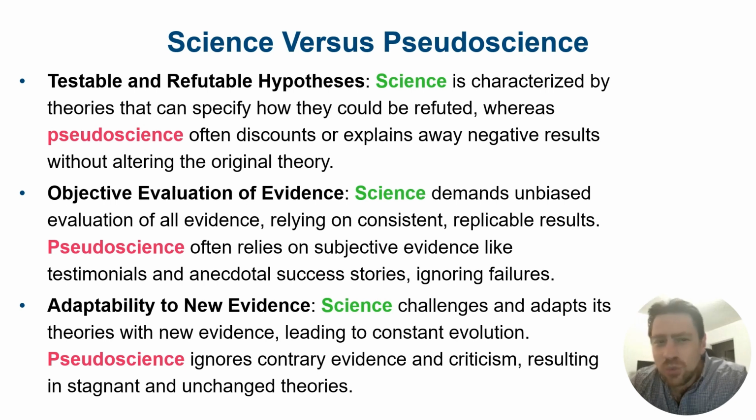All right, so let's talk about some ways in which science differs from pseudoscience. Firstly, testable and refutable hypotheses. Science is characterized by theories that can specify how they can be refuted. So when deriving your predictions from your hypothesis, you should be able to state under what conditions, what pattern of results would support your hypothesis, and what pattern of results would falsify or refute your hypothesis.